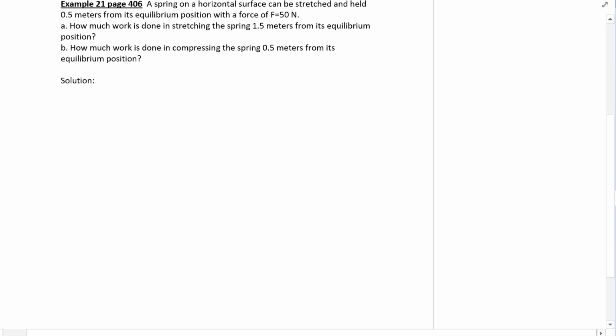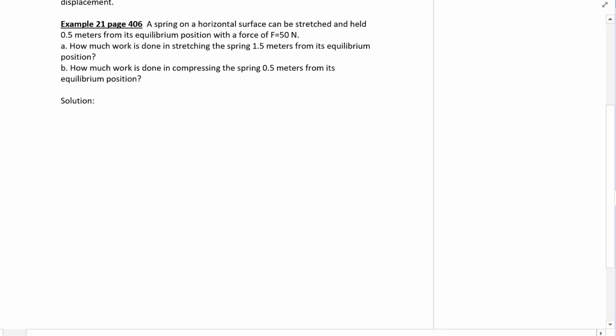Let's take a look at problem 21. A spring on a horizontal surface can be stretched and held 0.5 meters from its equilibrium position with a force of 50 Newtons. A: How much work is done in stretching the spring 1.5 meters from its equilibrium position? B: How much work is done in compressing the spring 0.5 meters from its equilibrium position? Let me make a quick picture.